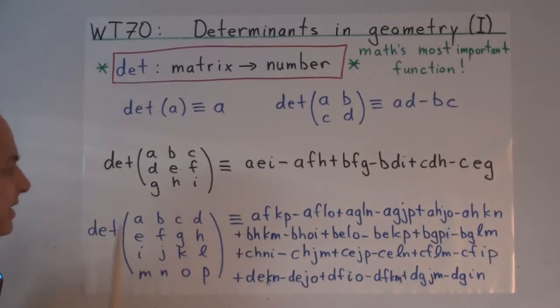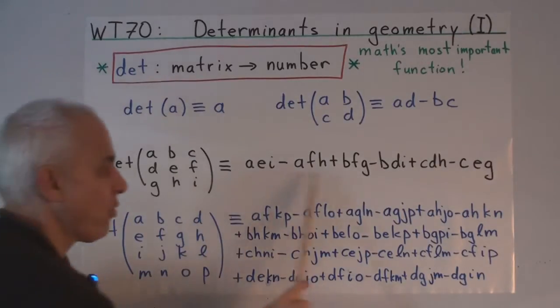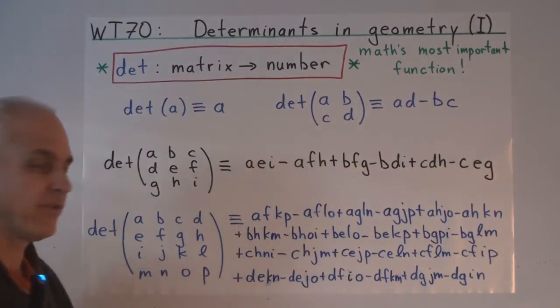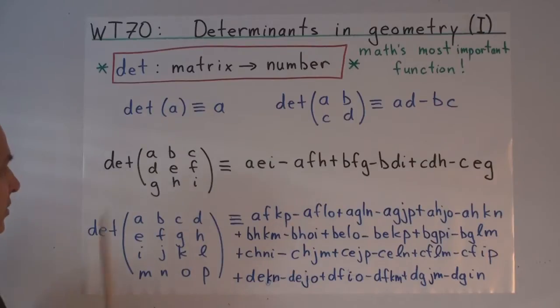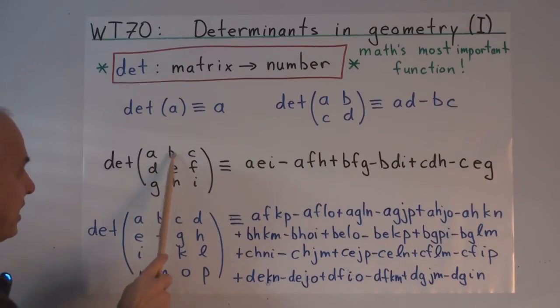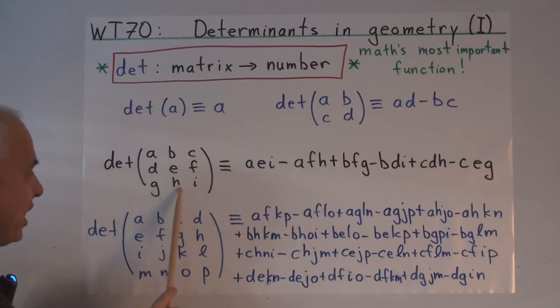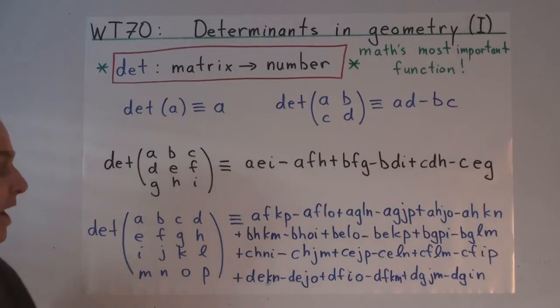The 3 by 3 is a little bit more complicated, but still very important. So it's important that you study this well. So here's a matrix with entries A, B, C, D, E, F, G, H, I. And the determinant is a number obtained from these 9 numbers by doing the following.